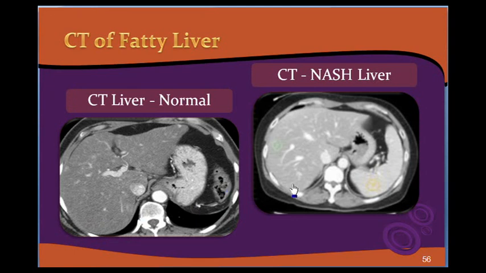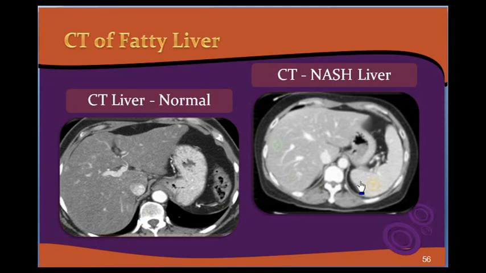But look at the picture of NASH liver, CT evidence of NASH in the liver on the right hand side. The shadows here, hyperattenuated shadows, very white, bands of fibrosis here and there, not much of vasculature is seen, and the density of the liver is comparable to the density of the spleen in the CT.